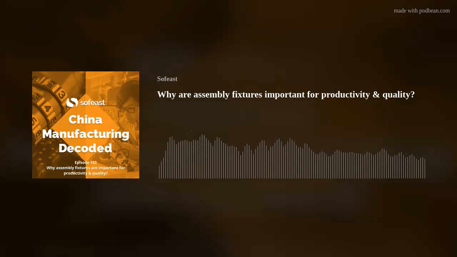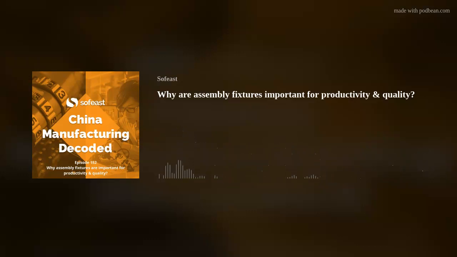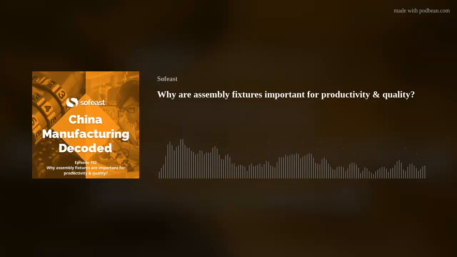So you pick up your component, you place it into the go, no-go gauge, which has got the maximum and minimum dimension that is allowable. And if it's outside of that, it's going to be obvious. Either it won't fit in the gauge or it's going to fall through the gauge. It can't be used. Very, very simple. That's probably one of the simplest inline inspection checking fixtures we can think of, a go, no-go gauge.